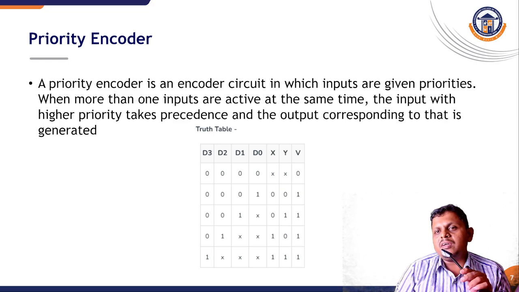So wherever the first one comes, that is taken as the higher priority, and the remaining values are not considered. The remaining values can be taken as the don't care value.